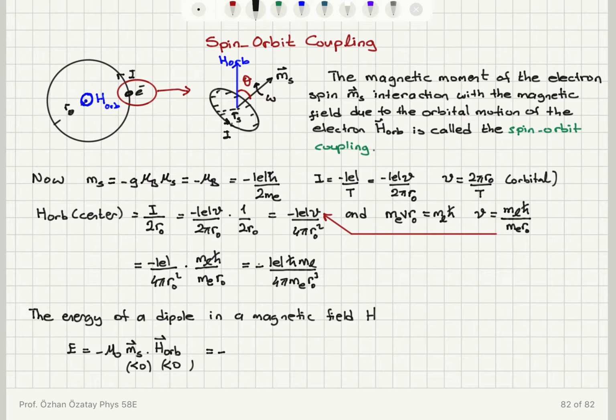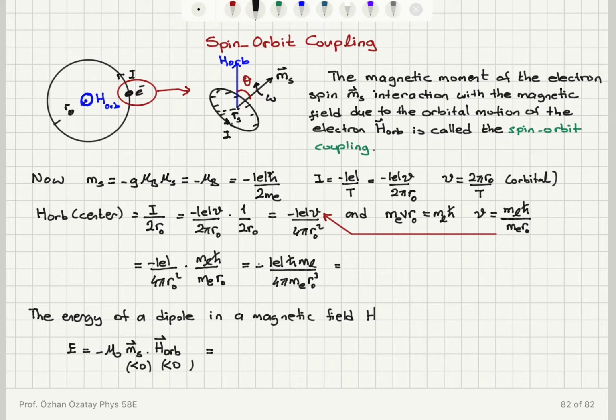So I will find minus mu 0 Bohr magneton divided by, so let me work on this H a little bit here in order to make this look nicer.